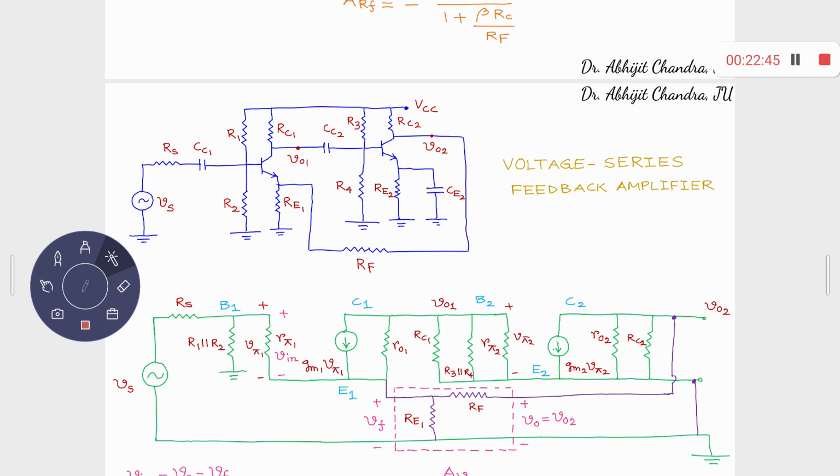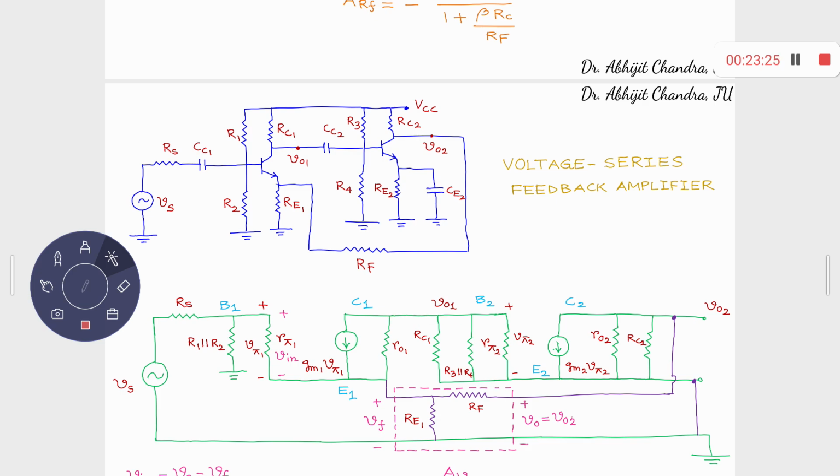DC wise they are at a defined potential because you have a capacitor present there, but as far as the small signal is concerned, if I assume that the reactance of this capacitor is small enough, it is basically shorted. Previously, R3 R4 parallel combination was between B2 and AC ground, and RC1 is between C1 and AC ground. Since C1 and B2 are at the same potential small signal wise, I can have a short circuit connection between C1 and B2.